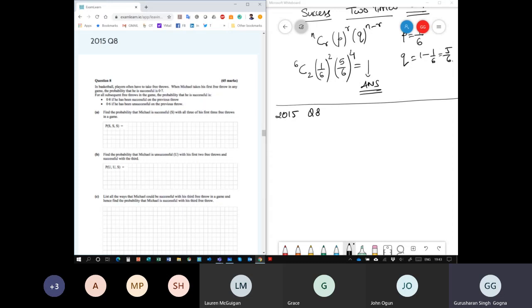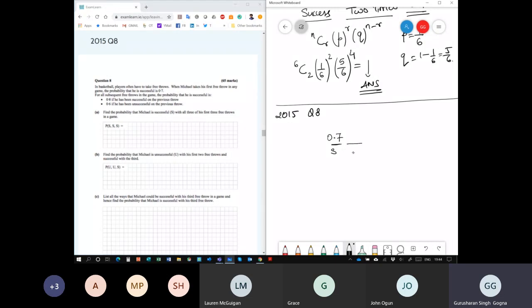Now, a little bit tricky, so you need to understand this. When Michael takes his first free throw in any basketball game, the probability of success is 0.7. So let's say this is success.